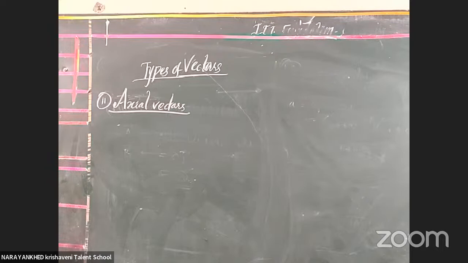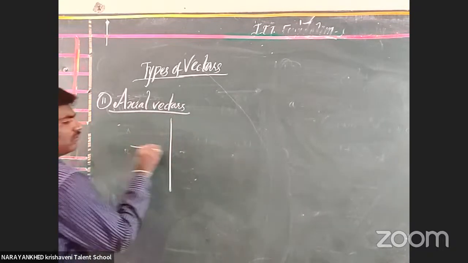Clear or not, all of you? The vectors parallel to any one of the axes are called axial vectors. That is called a one-dimensional vector. Actually, vectors acting along a particular axis and parallel to any one of the axes are called axial vectors.